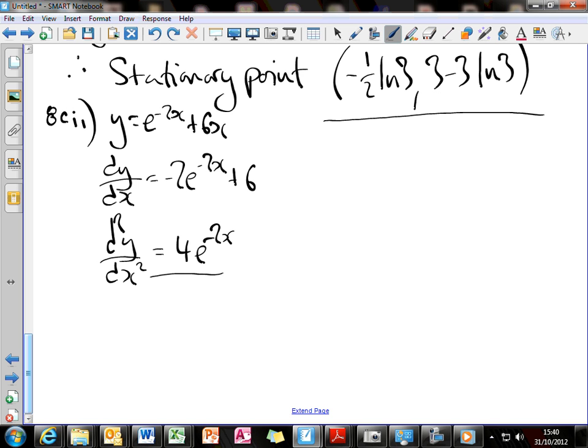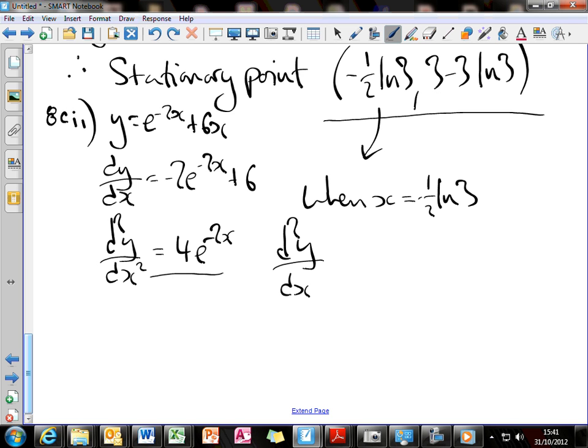And we want the value when x equals minus a half ln 3. So when x equals minus a half ln 3, we're going to put that into it. So d2y/dx2 equals 4e to the minus 2 times minus 1/2 ln 3. I think we've already done something similar to this.